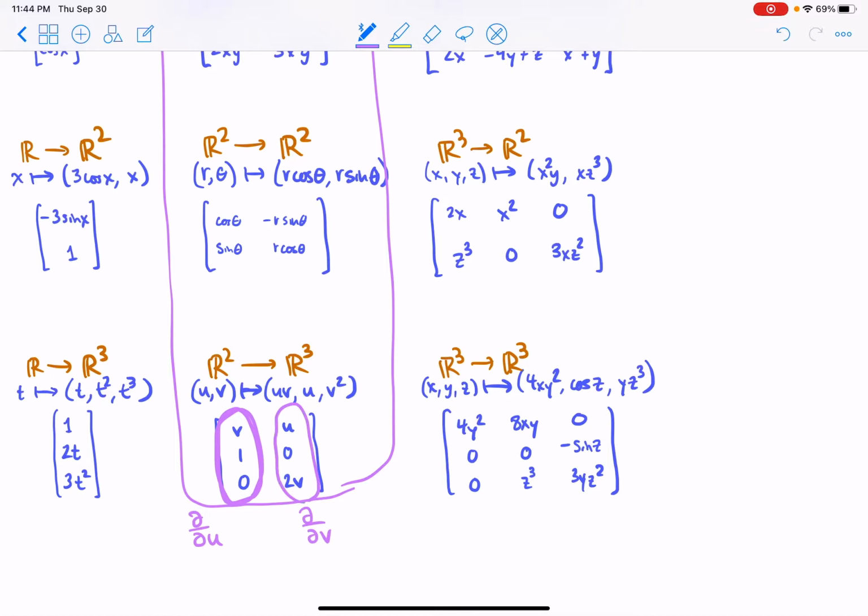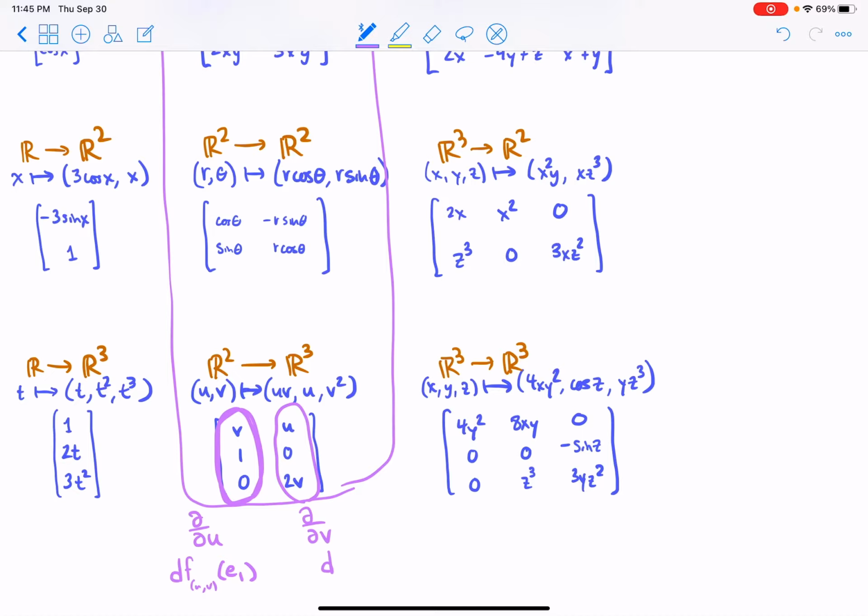Another way to write this would be, if this was the map f, then df at uv evaluated at the first, so we're moving only in the first dimension, would give me this column. Okay, so these are just 2 different names for the same thing.